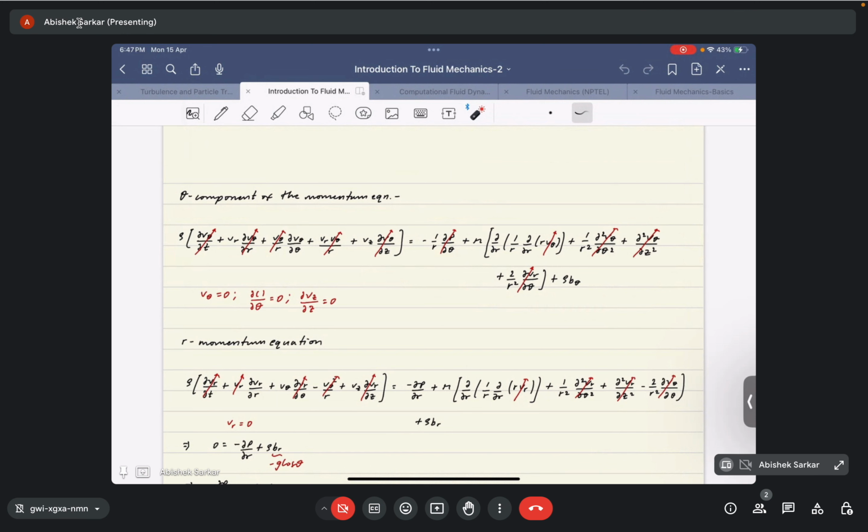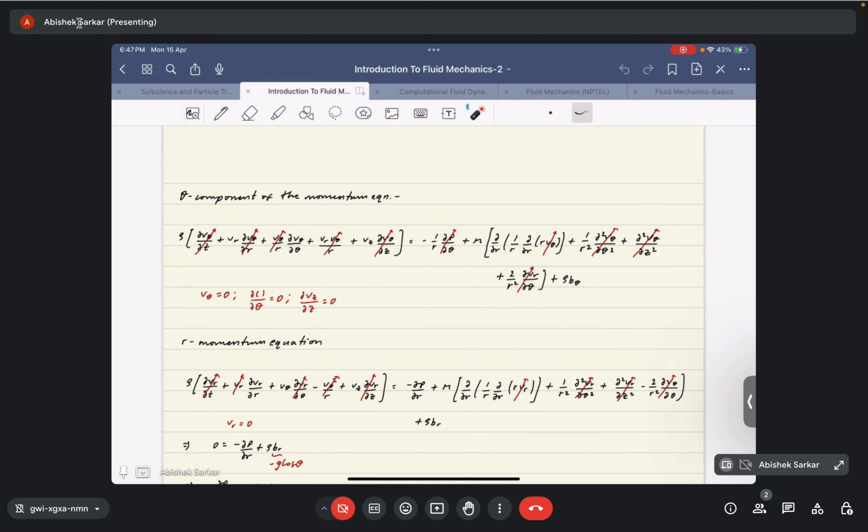But understanding how to apply those equations for a given problem, first of all, what form the governing equations will take according to the given problem in hand, what assumptions we need to make to simplify the problem, and depending on those assumptions, what terms will get cancelled out from the governing equations. Okay, so these are three things that we need to emphasize more rather than learning the equations by heart. But again, I'm saying it's not a bad thing to know the equations, but that's not the most important thing. Okay, that's what I wanted to mention.